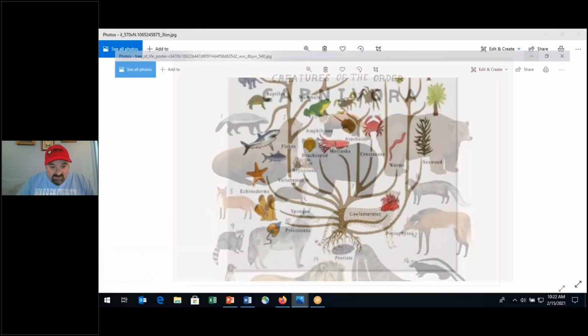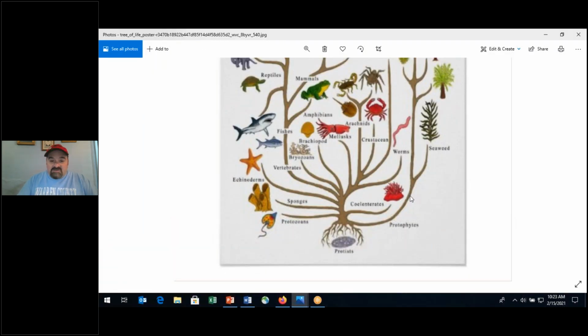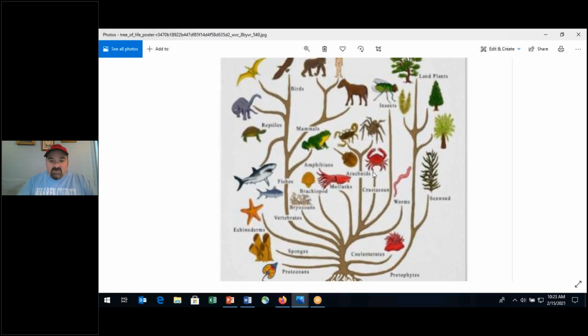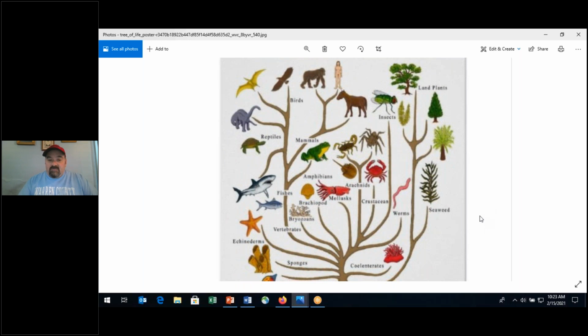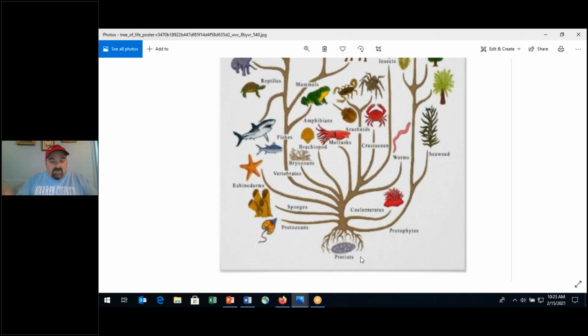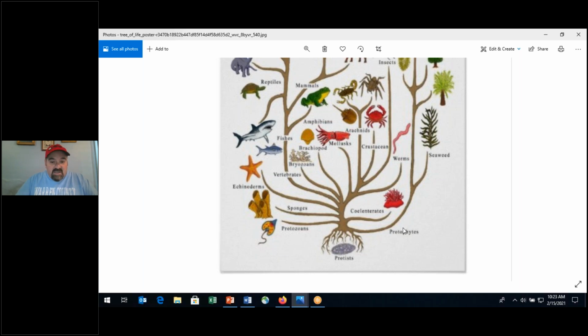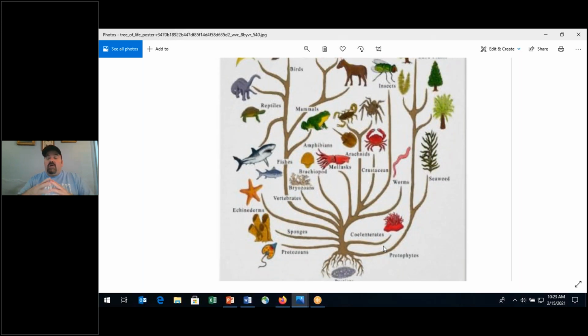So coming back, I think it's just too cool to be able to look at the diversity that's present in our world today. And we can appreciate this no matter what we believe is the origin of life. But know that for the evolutionary theory, the origin of life would be the protists, these single-celled organisms, and that diversity over a long period of time.